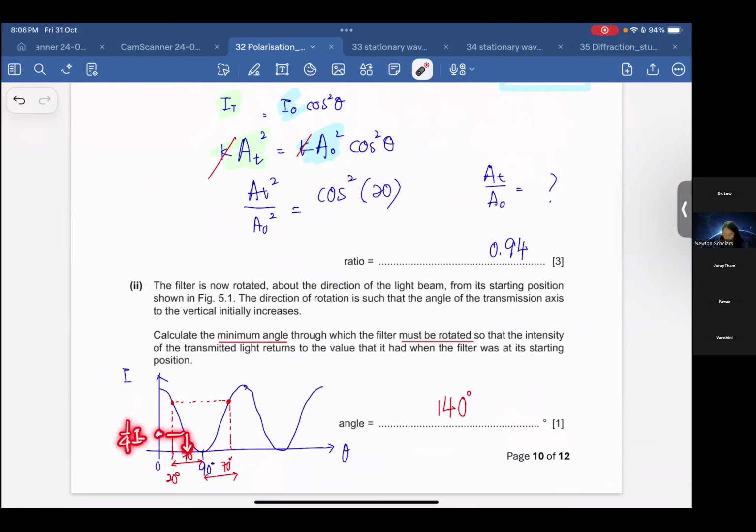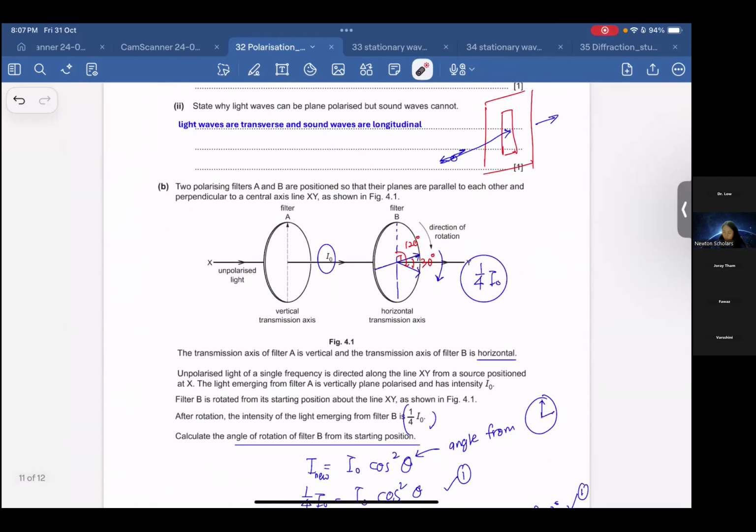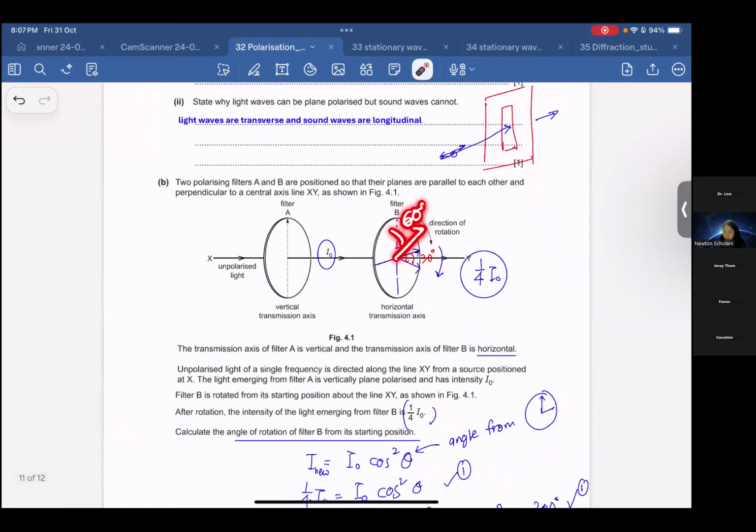So what is this angle? Because at 90 degrees we are starting from here, 60 degrees we cannot use as our answer. There's a diagram showing us rotating clockwise. So if you propose 60 degrees here, this is a wrong answer, because we are already starting from here and then going down.